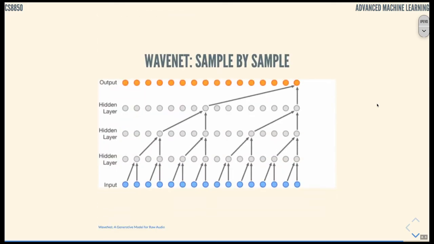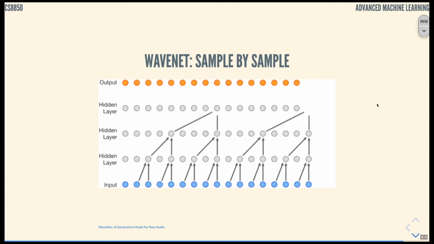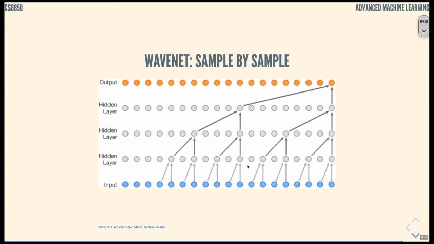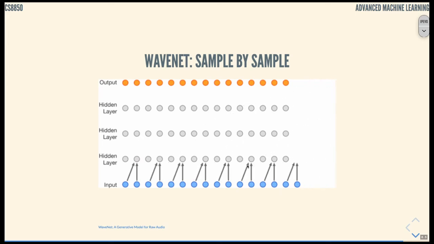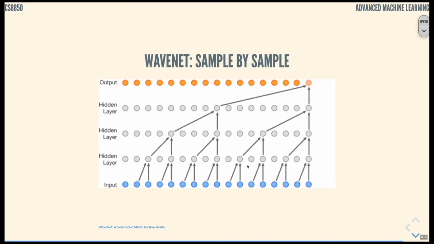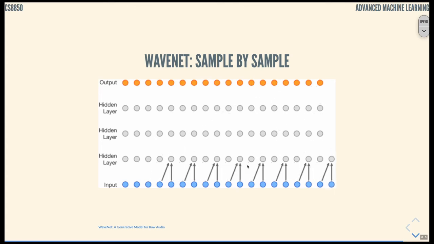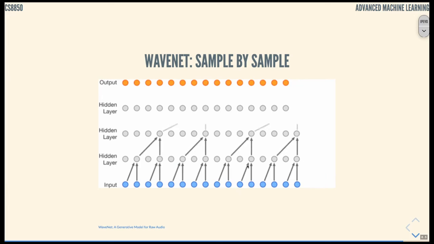This is how it works. Based on the previous input, it convolves in a sliding window manner, like a convolution, pixel by pixel, or sample by sample in this case. WaveNet generates an audio waveform.